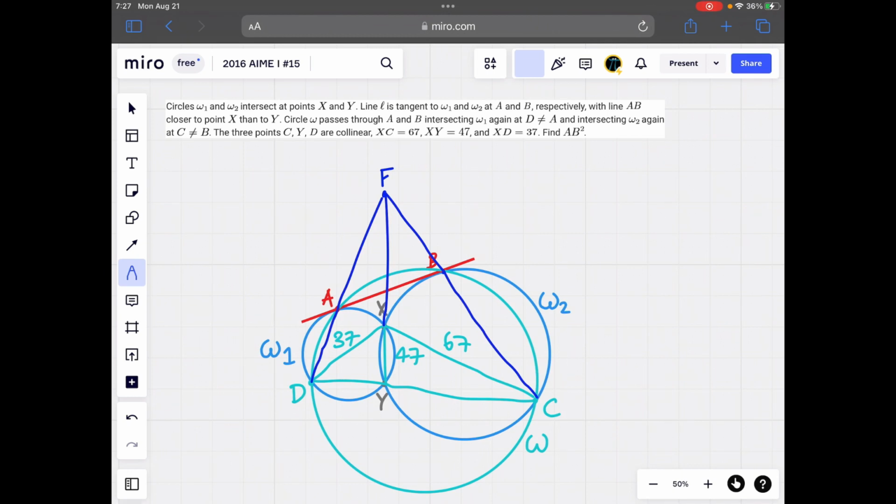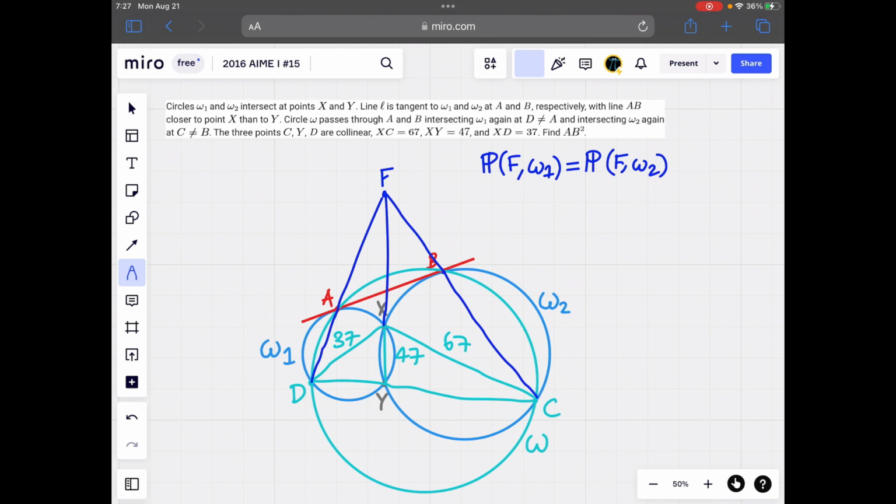As I mentioned earlier, we just take the power of F with respect to each circle. So the power of F with respect to omega 1, since F lies on the radical axis of omega 1 and omega 2, it has equal power with respect to both circles. So the power of F with respect to omega 1 is equal to the power of F with respect to omega 2.